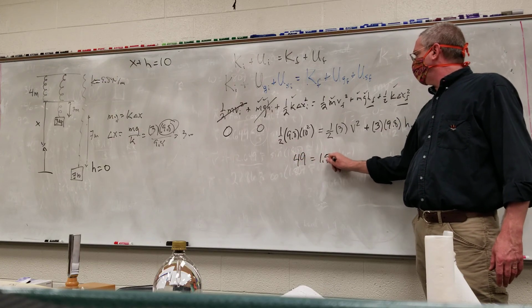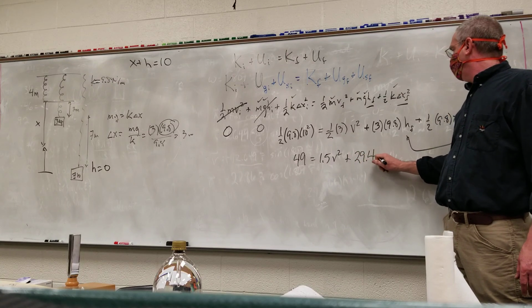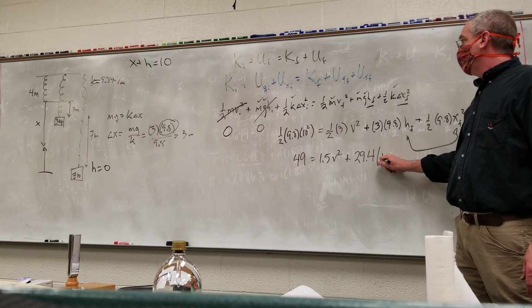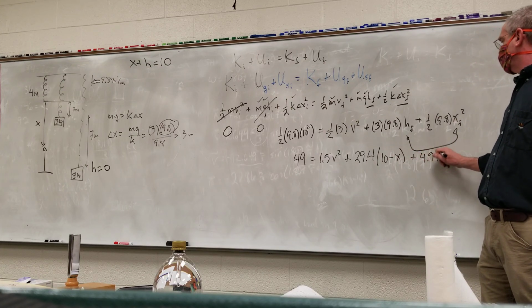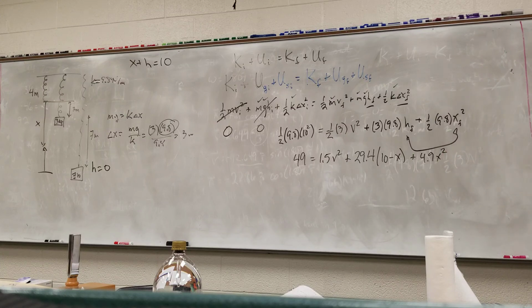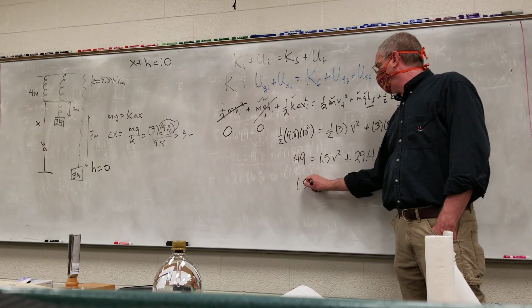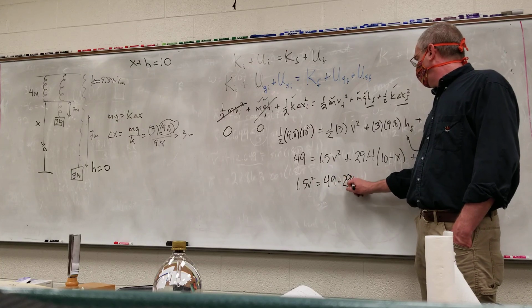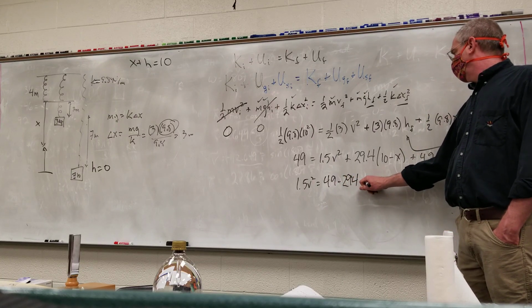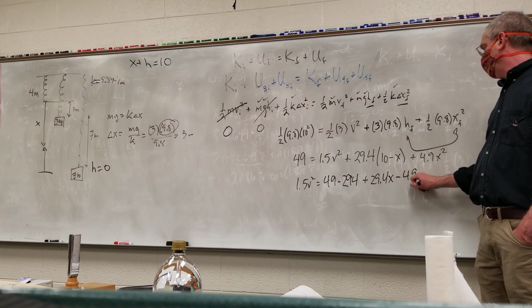It's 1.5 v squared plus 29.4 times 10 minus x plus 4.9 x squared. So 1.5 v squared equals 49 minus 294 plus 29.4x minus 4.9x squared.